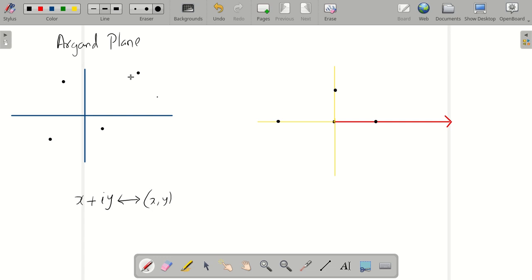Okay, that's it. But whenever we plot a complex number, we take the x-axis to be the real axis, because we are plotting the real part of the complex number on the x-axis. And then we call the y-axis the imaginary axis, because we are plotting the imaginary part.